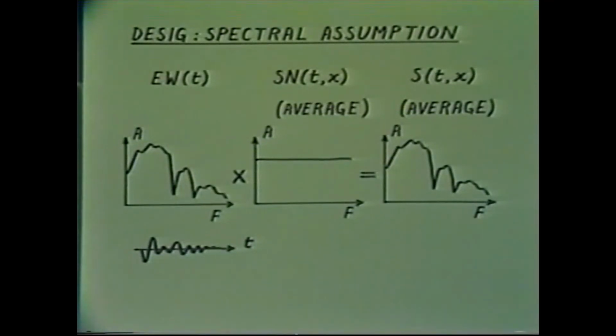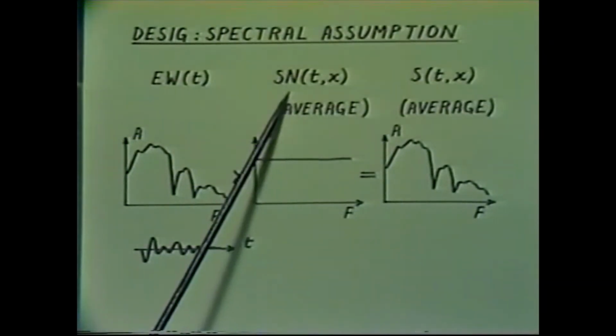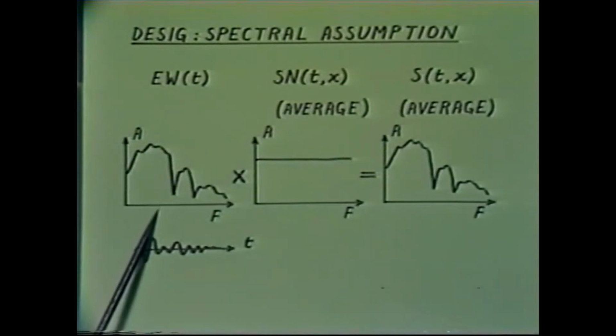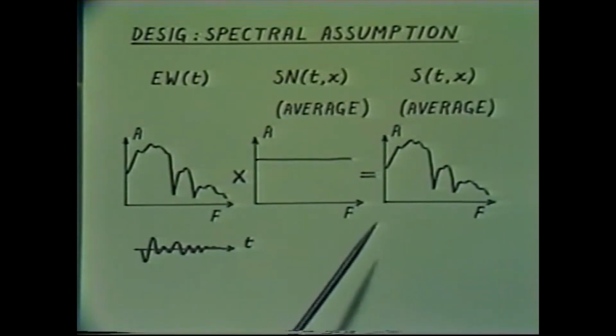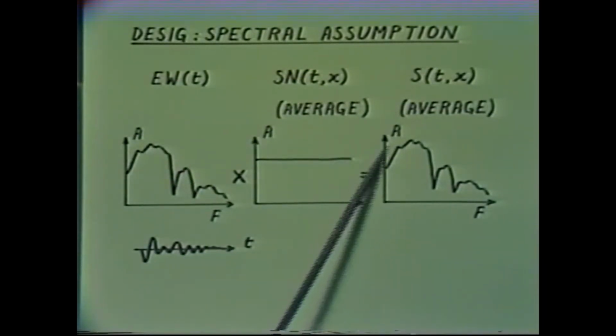Now this assumes that the effective wavelet is identical on each trace, so that we're multiplying the average spectrum, the so-called synthetic, by the wavelet spectrum, and that gives the average amplitude spectrum of the input record.